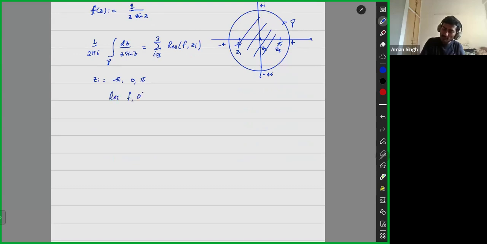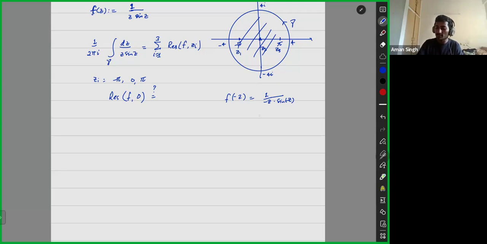The residue of f at 0: what happens to this? Because I have seen this function already, I can tell you that the sine function is an odd function, the cos function is an even function, and 1 by z is an odd function. The product of two odd functions, what happens to that? That function becomes an even function, right? Because when you put f of minus z, it becomes 1 by minus z into sine of minus z. But sine of minus z is minus sine z.